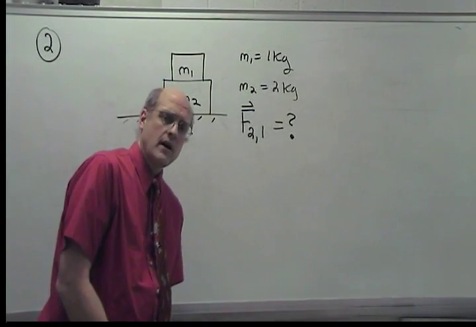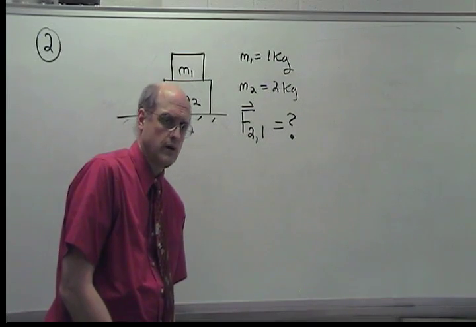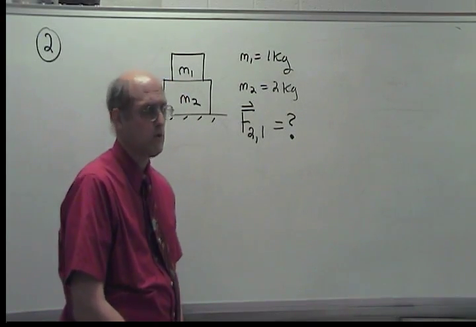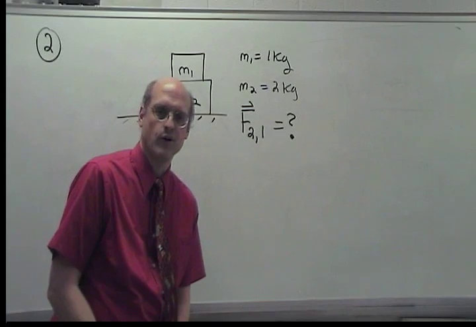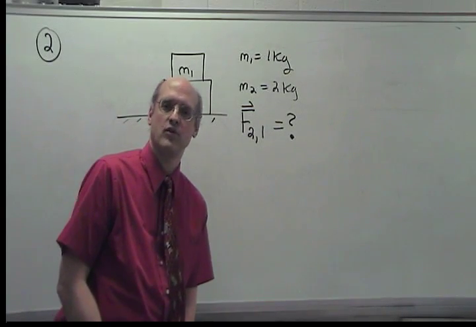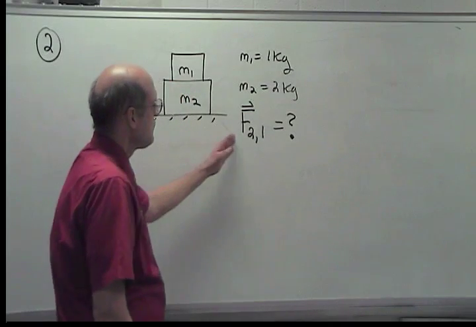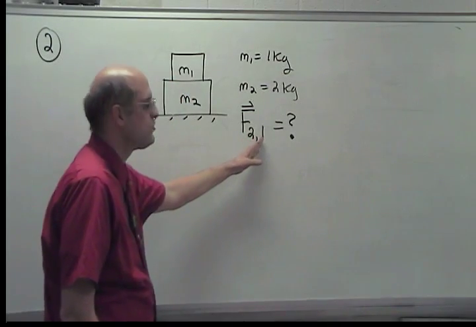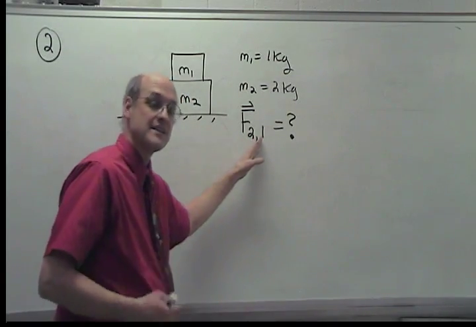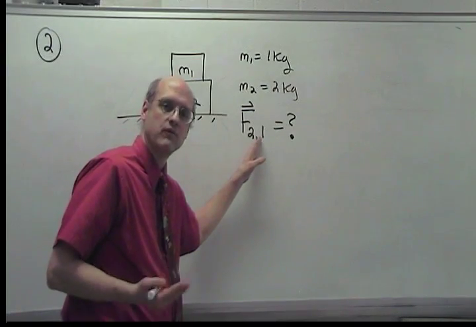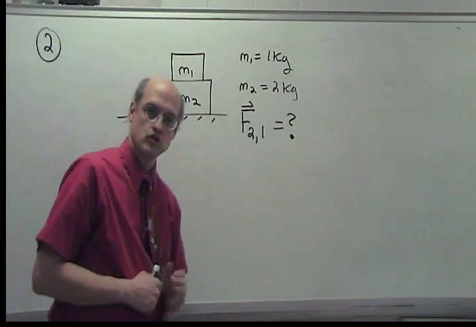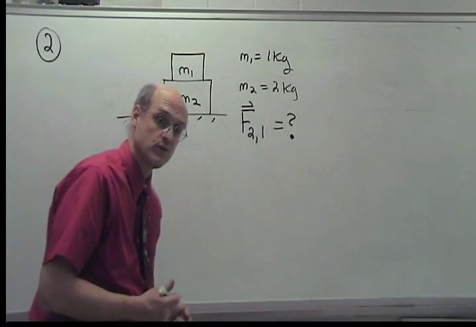So how are we going to figure out the force on 2 due to 1? Well, I'll tell you how. We're going to be using the great law called Newton's third law. Because you see, the force on 2 due to 1 is equal to the negative of the force on 1 due to 2. That's from Newton's third law.